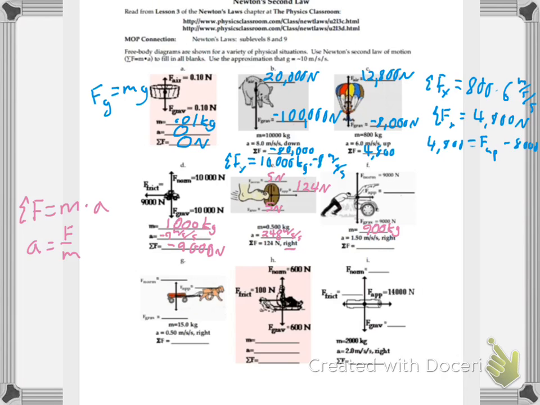Using Newton's second law, force equals mass times acceleration, we have 900 kilograms multiplied by 1.5 meters per second squared to the right to get a sum of forces of 1,350 newtons, which is also the applied force.